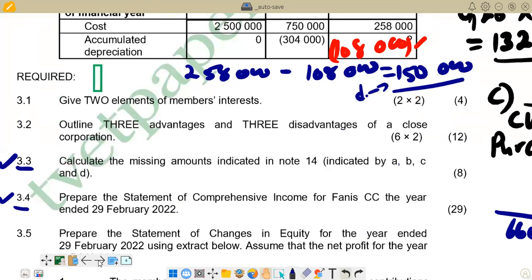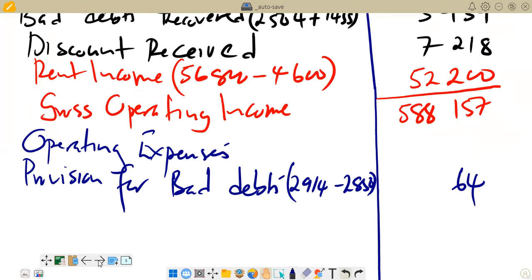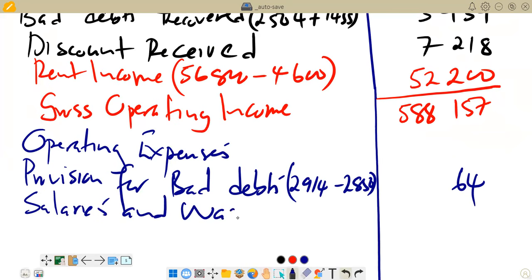We come here. We are going to say salaries and wages, and the figure that we are given there is 275,559. Right.